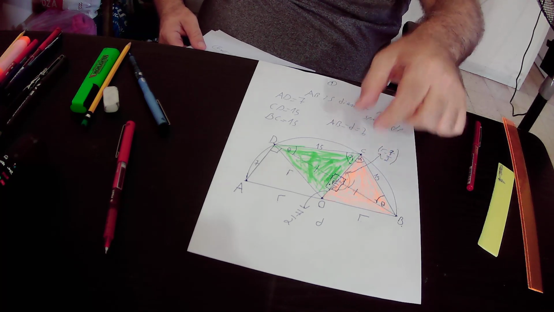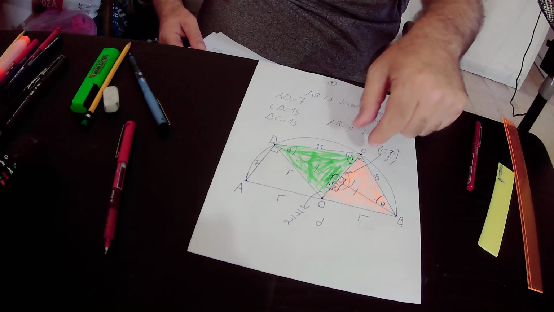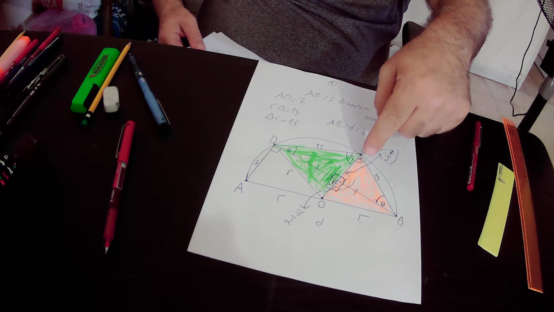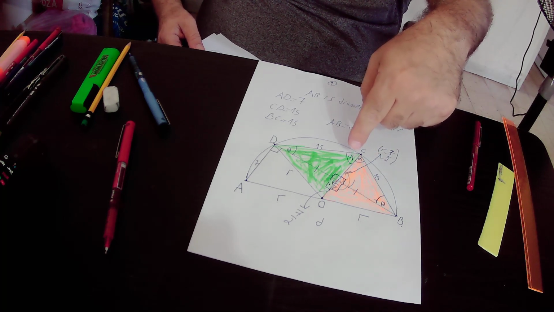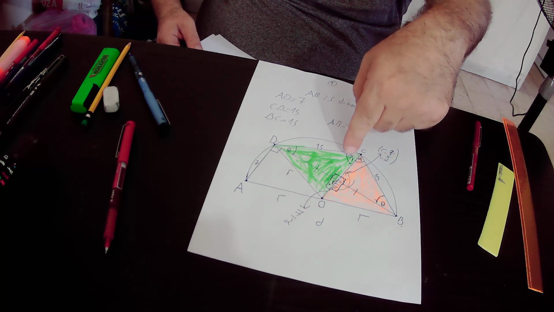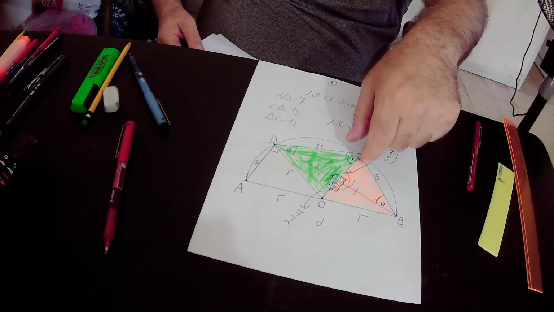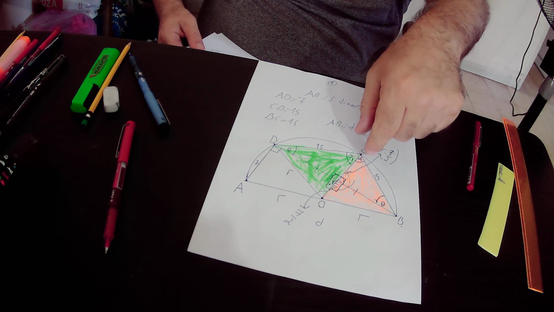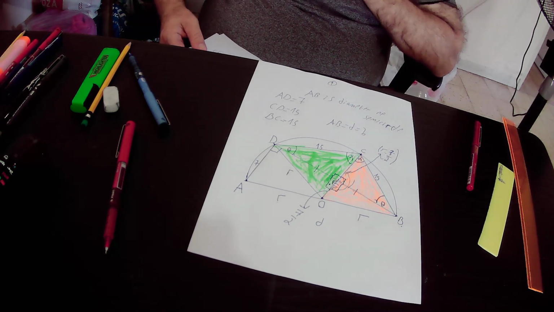We define angle OCD as alpha, therefore angle OCB is also alpha, because those two angles are equal to each other, so both angles are equal to alpha.